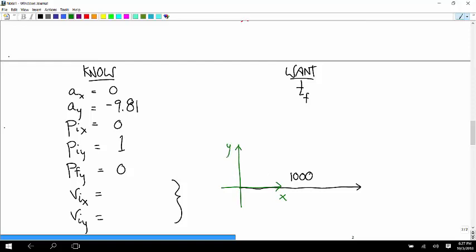So if you put the tail of this 1,000 meter per second vector at the origin, we're trying to calculate the coordinates of the head. And so if you go out a distance of 1,000 along the x-axis, what are the coordinates at that point? Yeah, positive 1,000 for x, 0 for y.